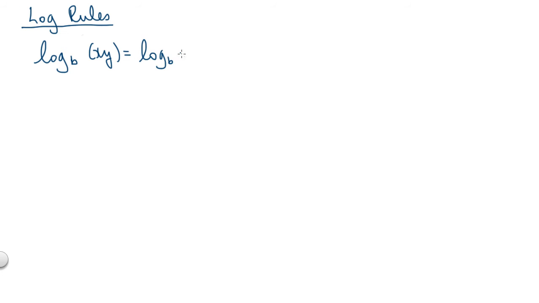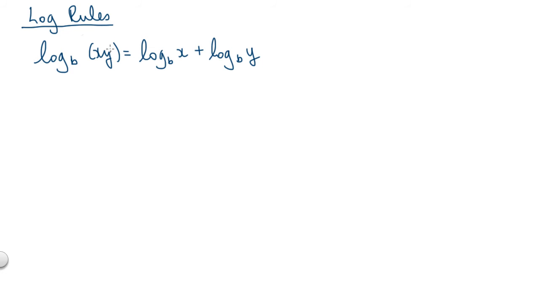Next topic that we can look at is log rules. We've got 3 rules that allow us to simplify logarithms. First of all, if we're taking the logarithm to any base of a product, we can simplify this as log base b of our first factor plus log base b of our second factor.